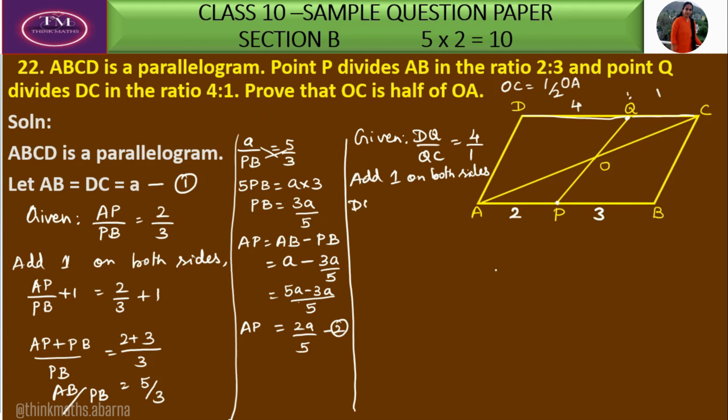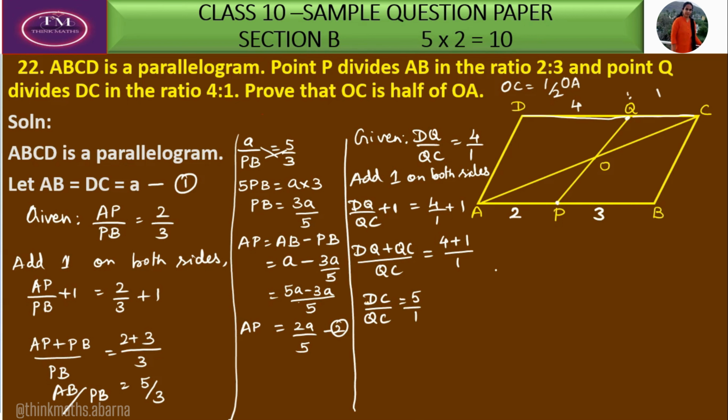So DQ by QC plus 1 equal to 4 by 1 plus 1. DQ plus QC divided by QC, and 1 is the LCM, so 4 plus 1 is 5. What is DQ plus QC? It is DC. So DC by QC equal to 5 by 1.